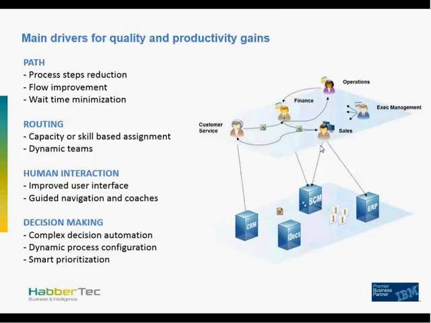Path is one, in the way that I take a look at that process and reduce process steps. I do improvements on the flow, and the wait time is minimized in such a way that handing over activities to the next agent on the workflow is very, very fast by using BPM.